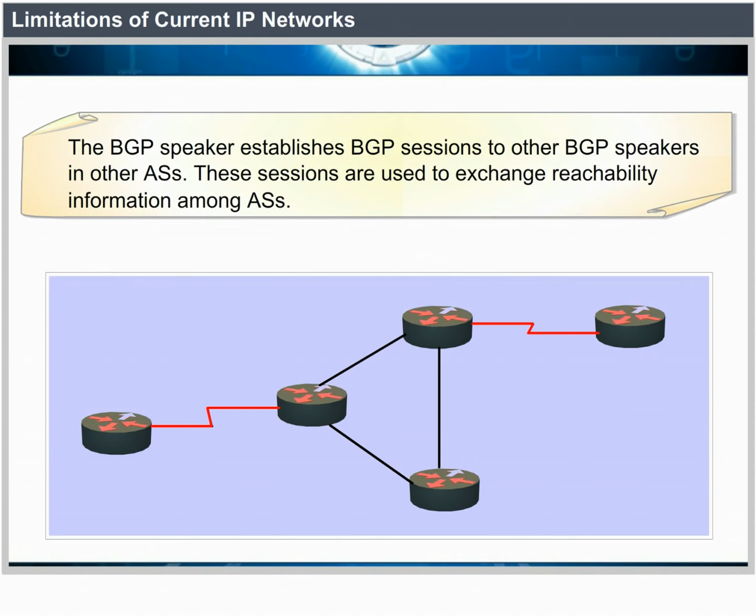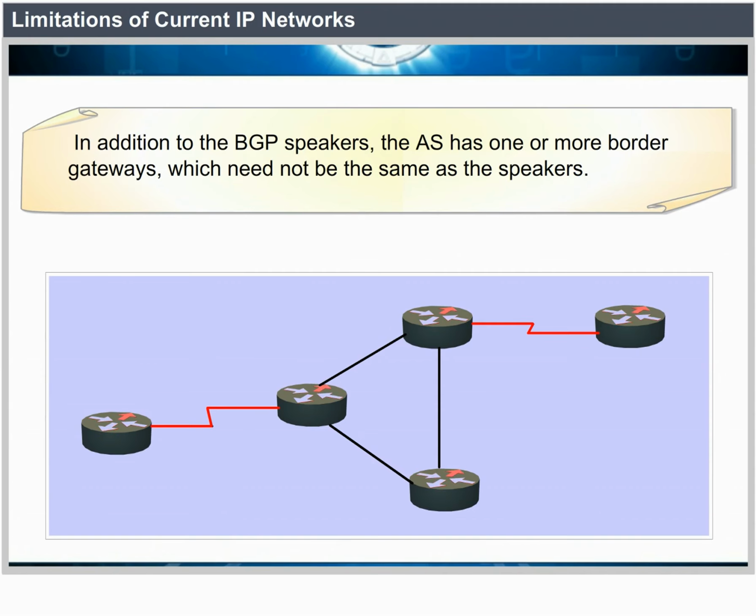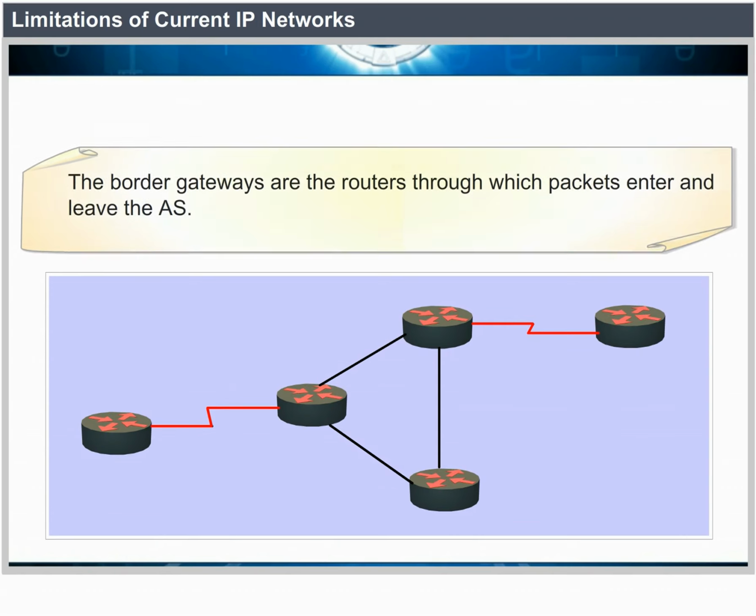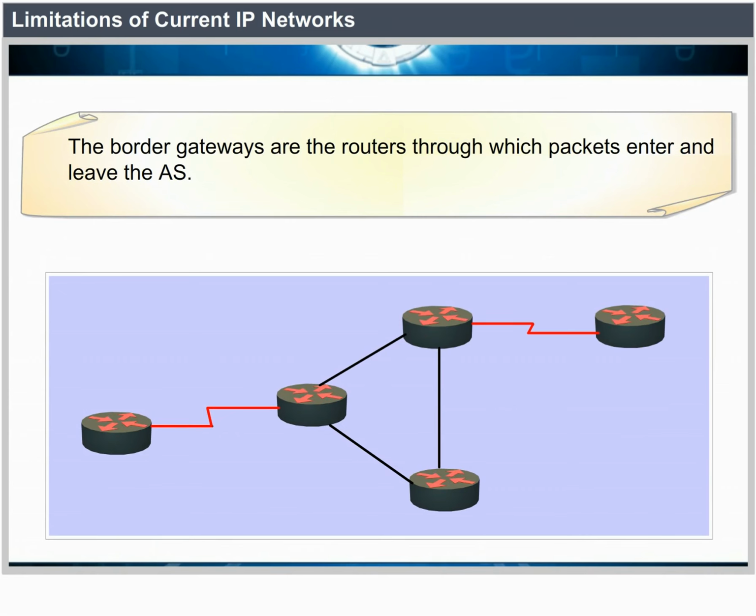These sessions are used to exchange reachability information among ASs. In addition to the BGP speakers, the AS has one or more border gateways, which need not be the same as the speakers. The border gateways are the routers through which packets enter and leave the AS.